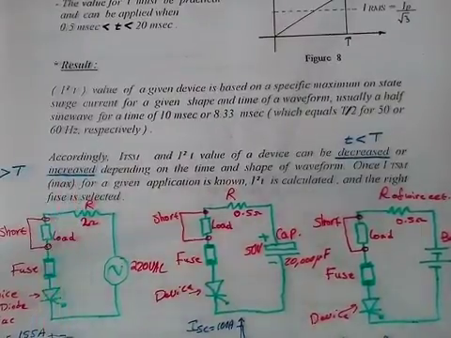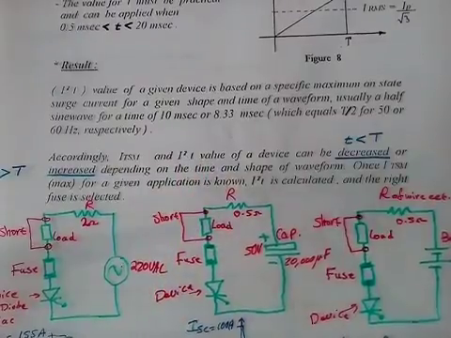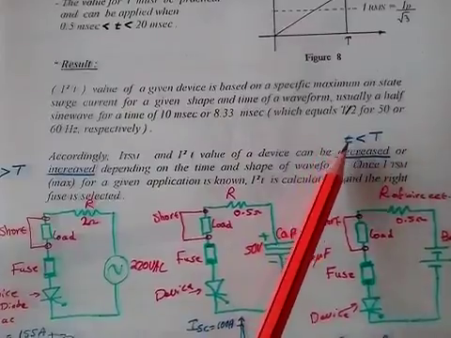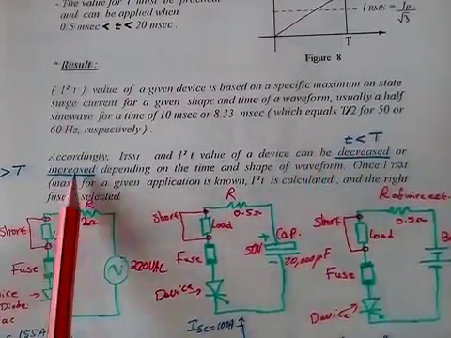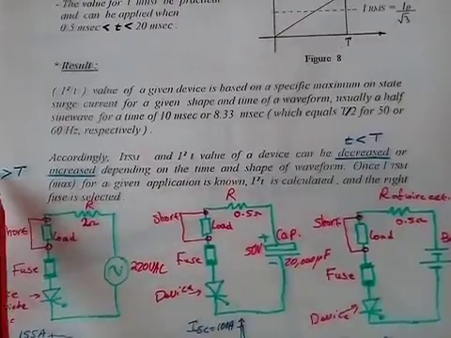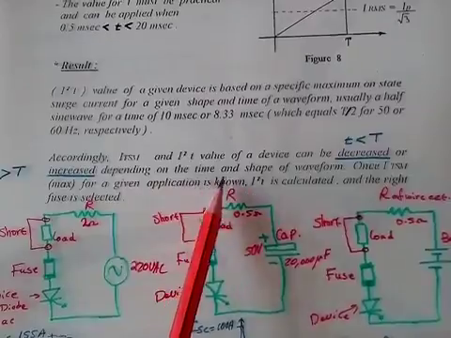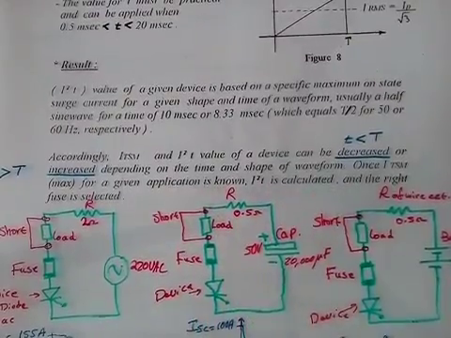Accordingly, the I surge max and the I square T value of a device can be decreased, that's when the new time is less than the standard time, or increased, that's when the new time is greater than the standard time, depending on the time and shape of waveform.